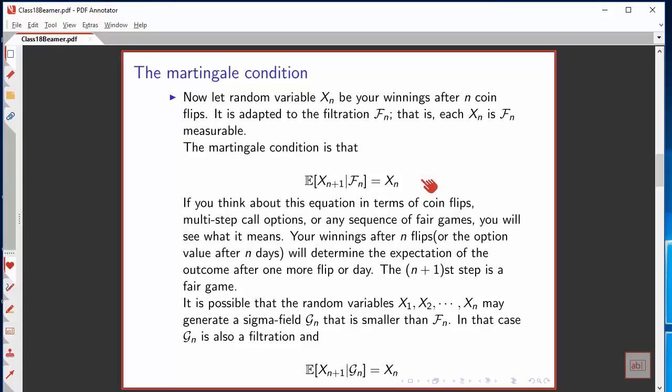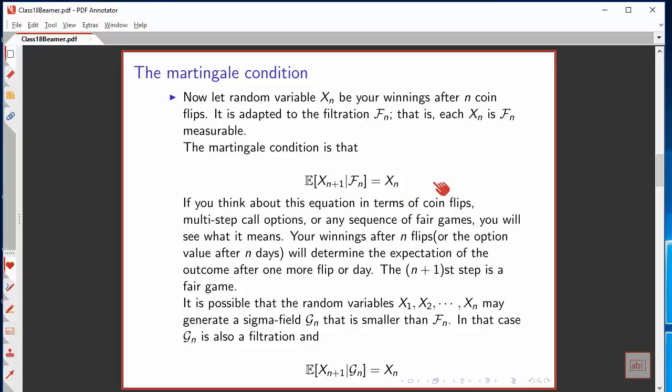Let's think of it in terms of coin flips. What it says is that the expectation on day n plus 1, where the coin is flipped for the n plus first time, given what has happened up through day n, is equal to your winnings after day n, for the simple reason that a coin flip is a fair game.